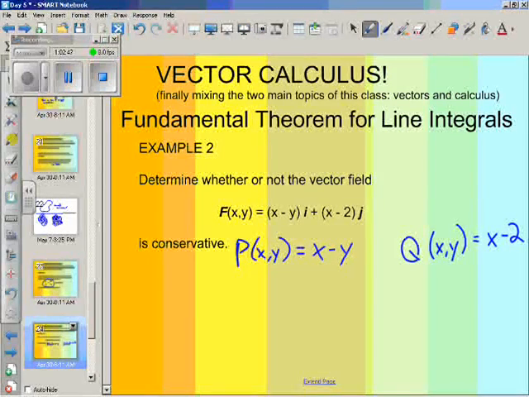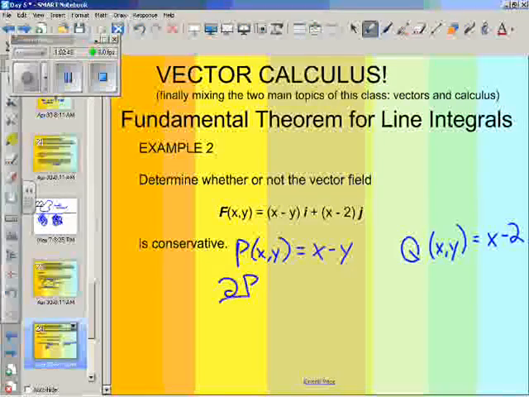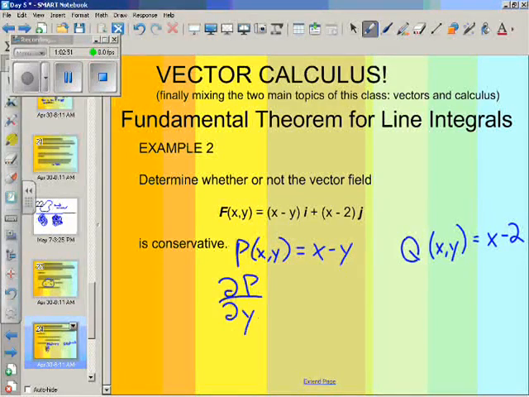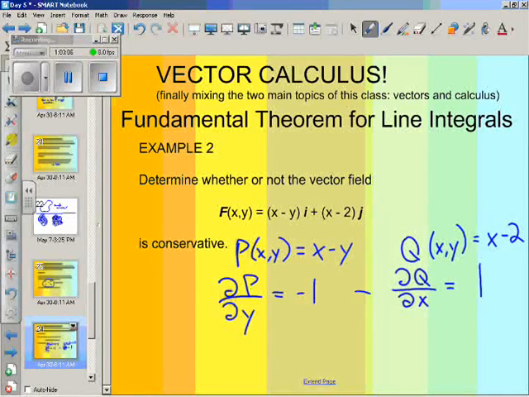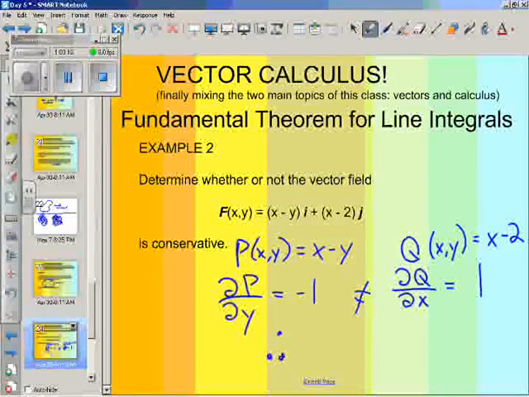Okay, so the derivative of P with respect to y is just going to be 0 minus 1. And the derivative of Q with respect to x, well, that's just going to be 1. And so these are not equal, and so we know F is not conservative.